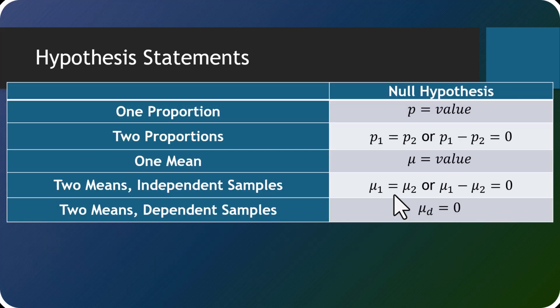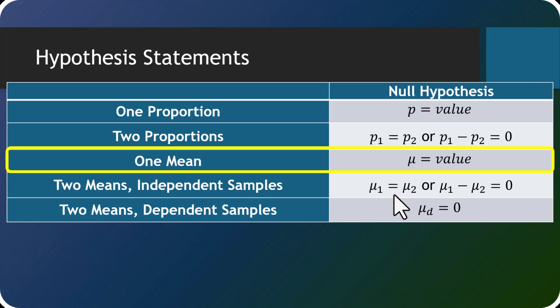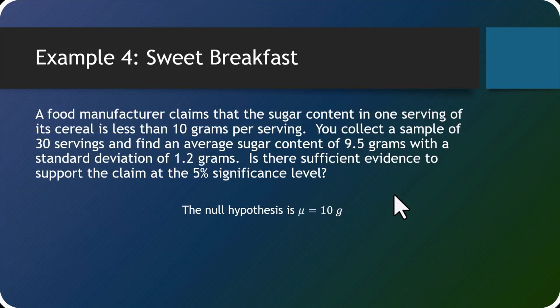If we have 1 mean, then we're going to look at this null hypothesis. The null hypothesis is that the average sugar content is exactly 10 grams per serving. Alternatively, it's that the mean sugar per serving is less than 10 grams.